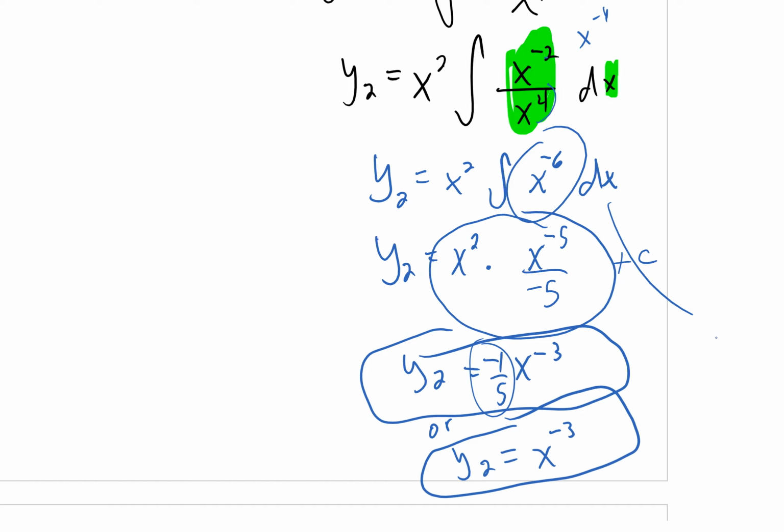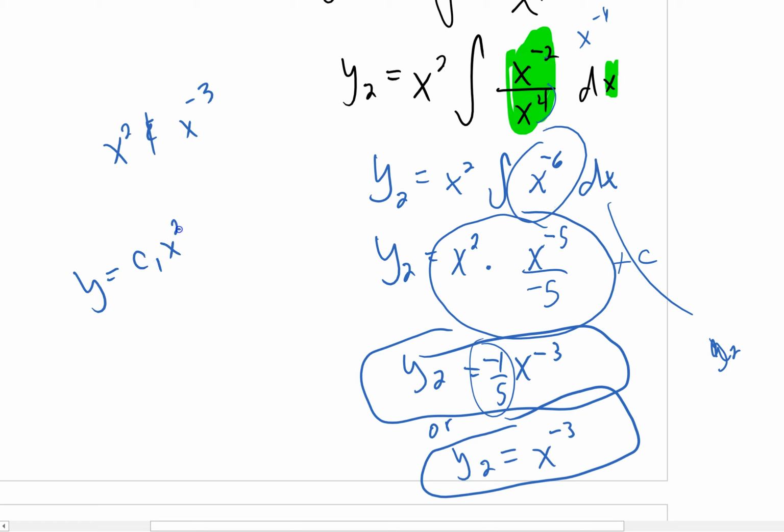And remember, in general, you have constants out in front of your function. Imagine a constant got multiplied to negative 1/5. A general family would be that if you know that you had x squared for one solution and x to the negative 3rd for the other, in general, we would write this. And then you can see why that negative 1/5 really isn't going to come into play. So I hope this is helping. We're going to move on to a new video soon.